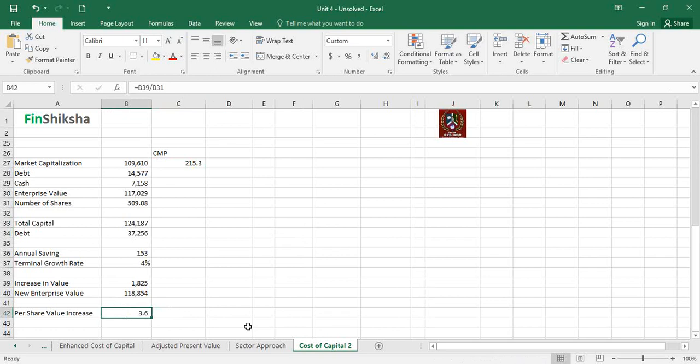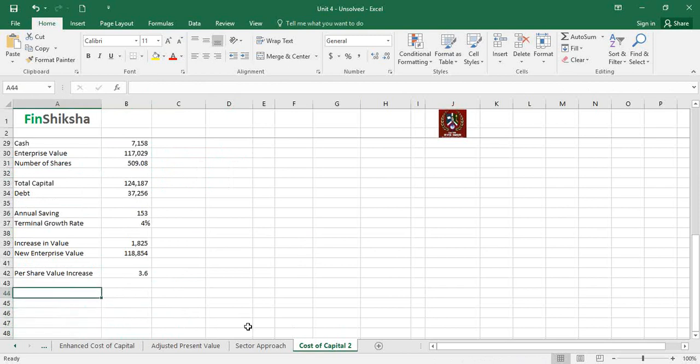That should happen automatically looking at this, but let's assume the company is able to do what is called a buyback of shares, correct? And let's say the buyback price is also going to be 215.3, correct? So what is the additional debt that the company is raising? Let's put that number in here.